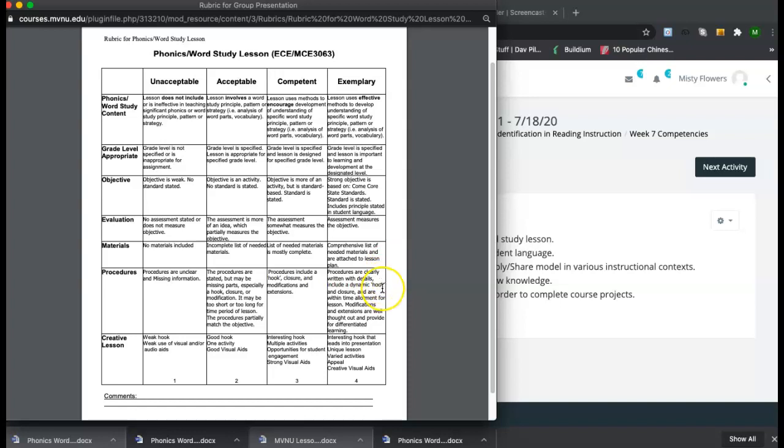Make sure that your procedures are clearly written with details. Include that hook and closure. Allotment of time. And if you have any modifications or extensions for students that need them.